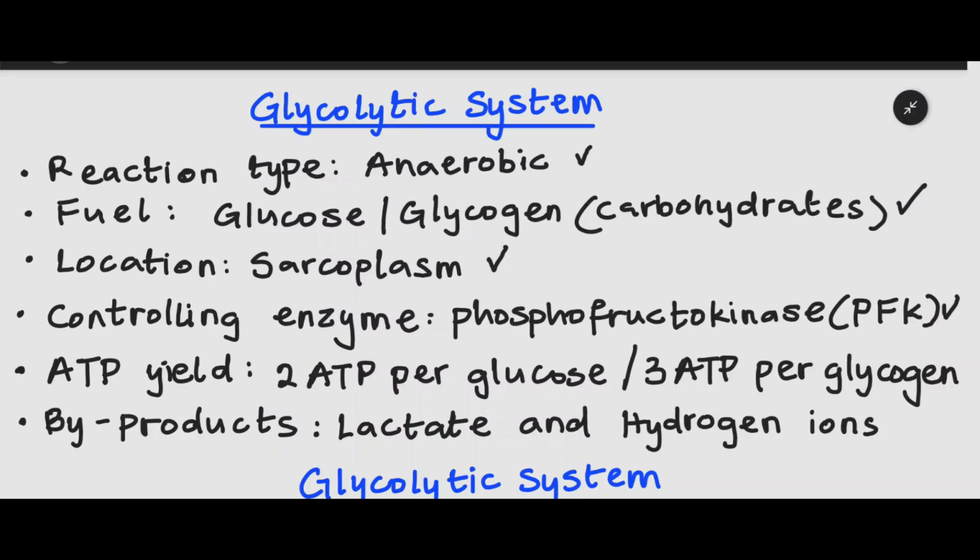And the ATP yield for this is 2 ATP per glucose molecule or 3 ATP molecules per glycogen molecule. And byproducts, we have lactate and hydrogen ions.